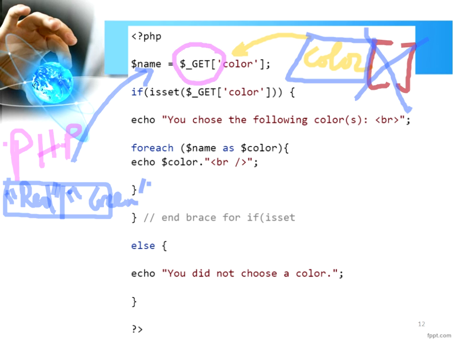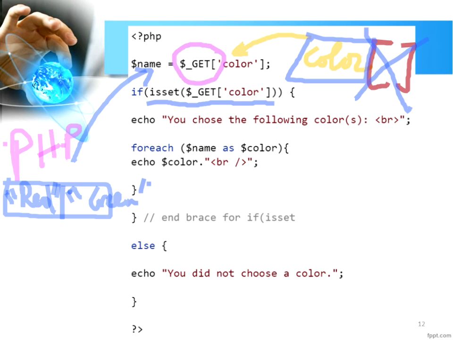If isset($_GET['color']), this test is used. Why is this test used? Why do I use isset($_GET['color'])?